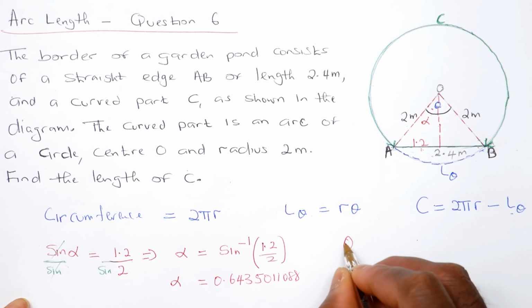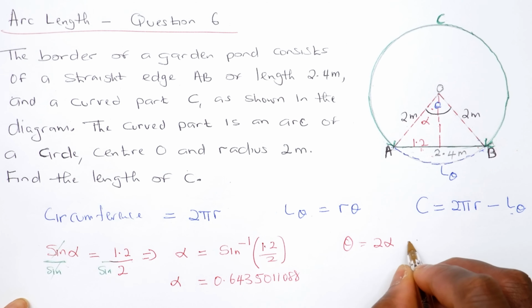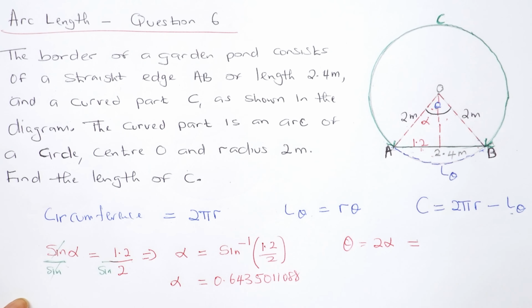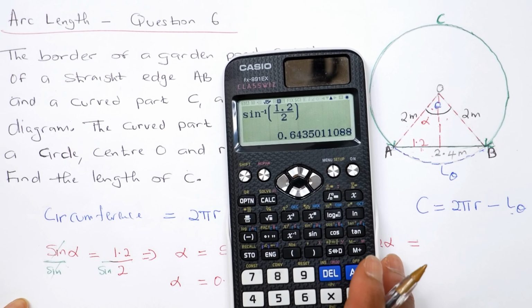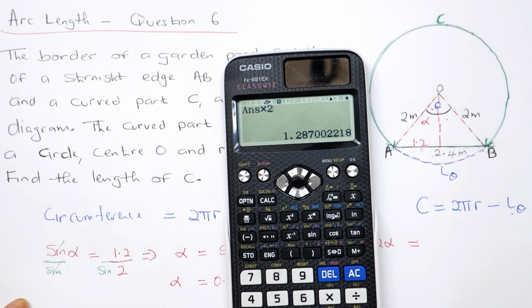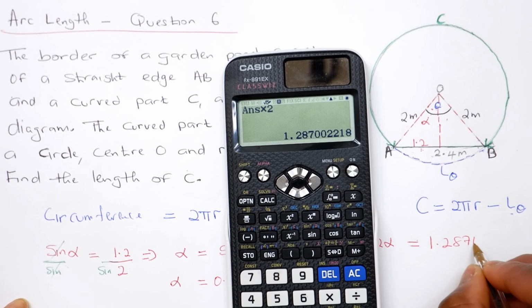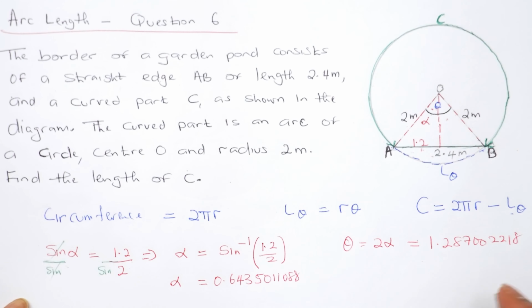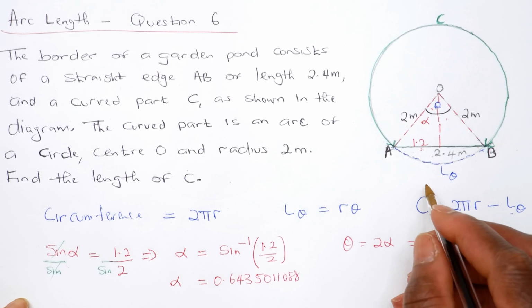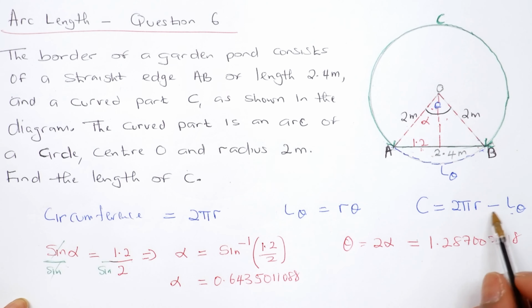Now I need to multiply that by 2, because you see theta. In this case, theta will be 2 alpha. So multiplying that by 2 gives me 1.287002218. So that's the angle theta, and now that I know the angle theta, I need to find L, that length here.